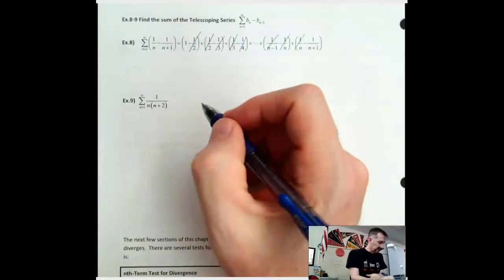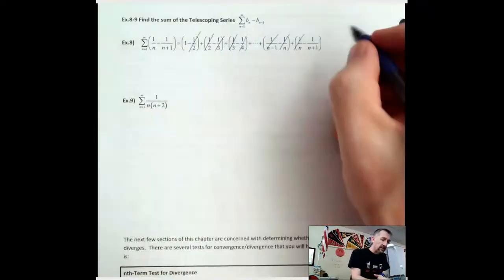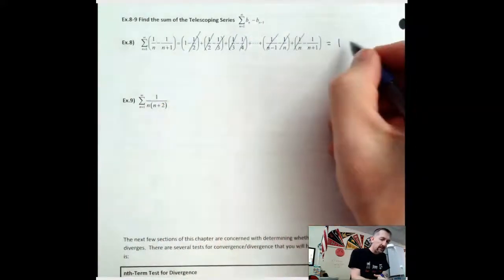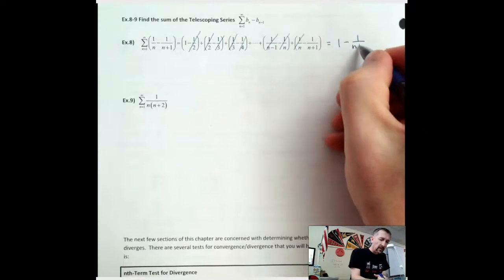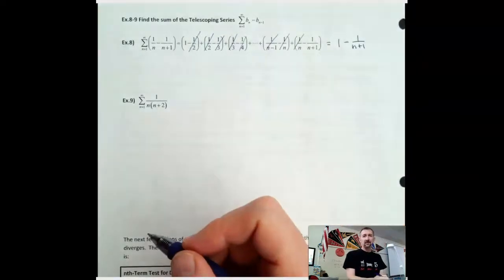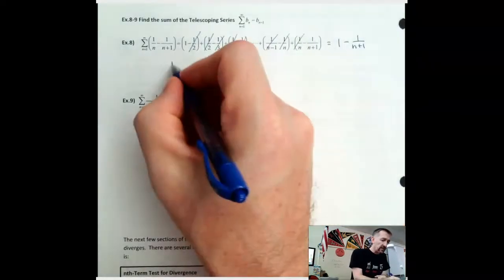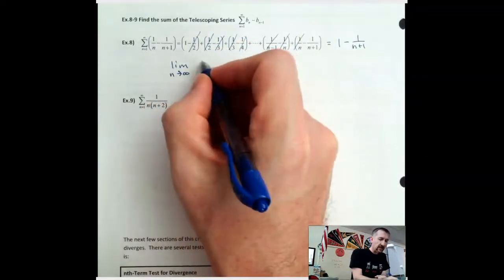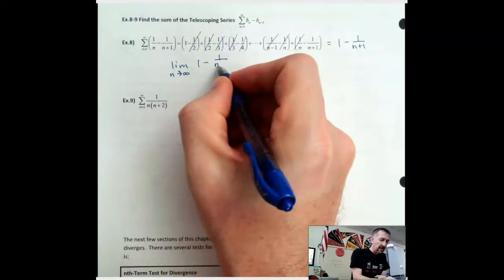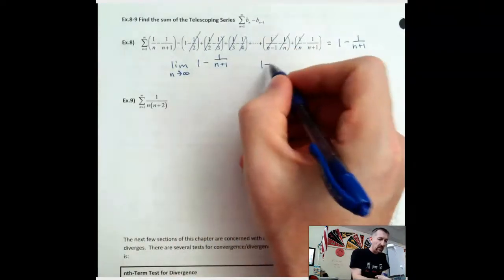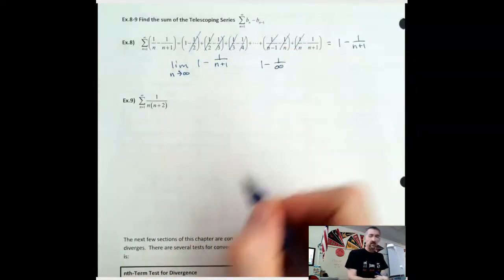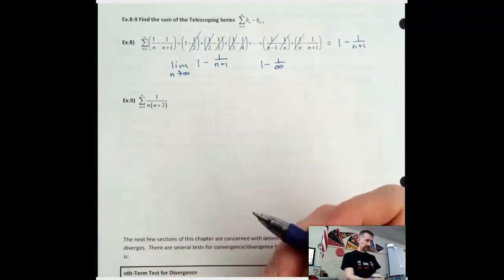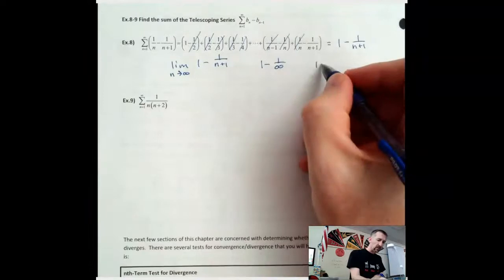That's just going to leave you with 1 minus 1 over n plus 1. That's going to be the sum. So what we want to do is take the limit as n approaches infinity of that. So that would be 1 minus 1 over infinity plus 1, which is infinity. So that's going to be 1 minus 0.